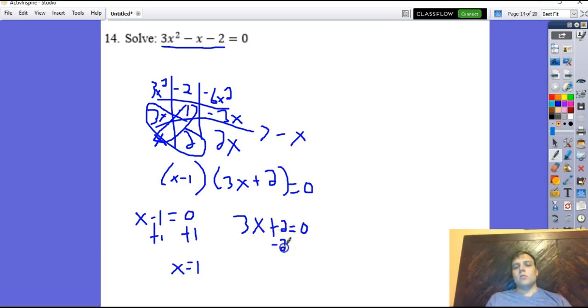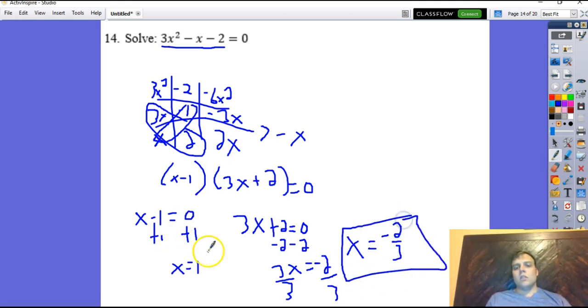I subtract 2 from both sides. So now I have 3x is equal to negative 2. Last step is to divide by 3. So x is equal to negative 2/3. And there we go. There are two answers.